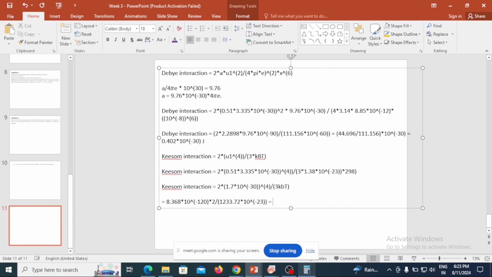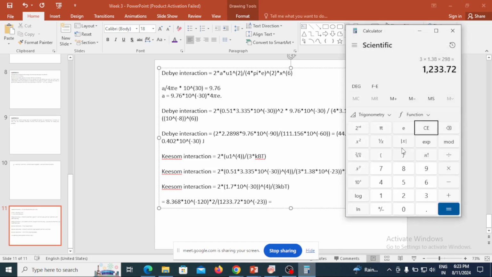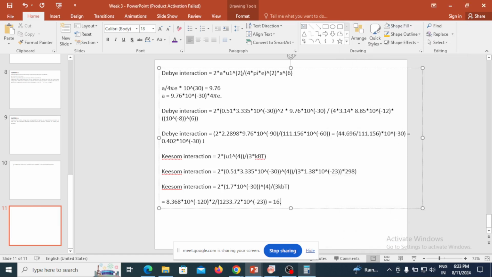So this expression is 8.368 times 2, that is 16.736, divided by 1233.72, or you can write it as 1.233 times 10 power minus 20.